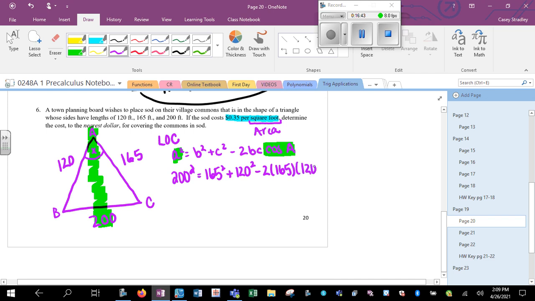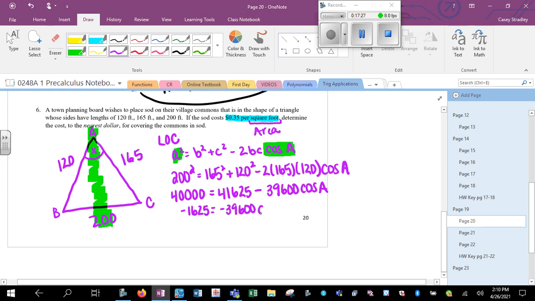I'm going to use my handheld calculator to type this in because it's going to be a lot of flipping back and forth between two screens. 200 squared is 40,000. 165 squared plus 120 squared is 41,625 minus 2 times 165 times 120, 39,600 cosine of angle A, or x, depending on what you wrote in your equation. Let's subtract the 41,625 from both sides. And that gives us negative 1,625.